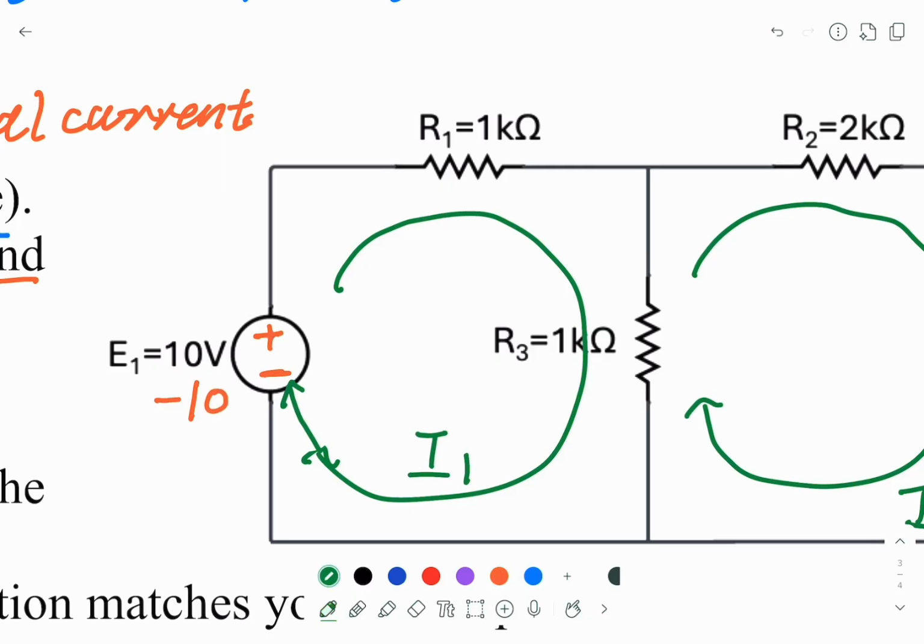Next, the current I1 passes through R1. If we ask what is the potential difference across R1, we can apply Ohm's law, which is equal to R1 I1. Therefore, I will put here R1 is 1k multiplied by I1. Remember, this is the potential difference across R1.